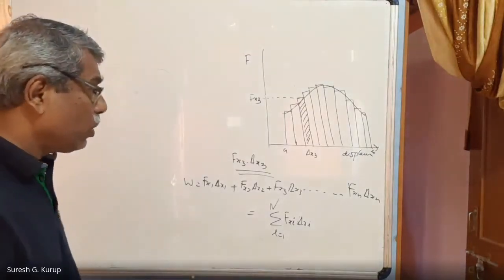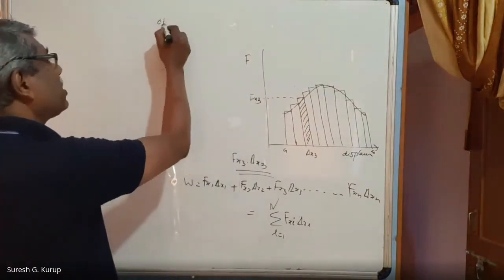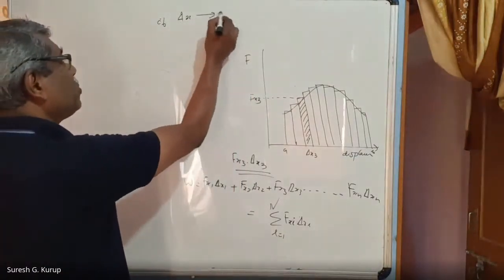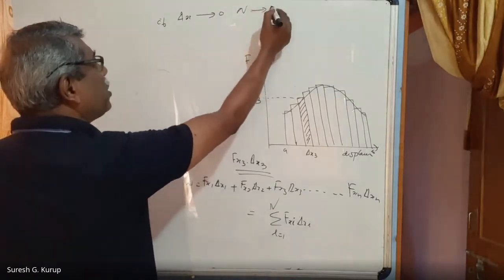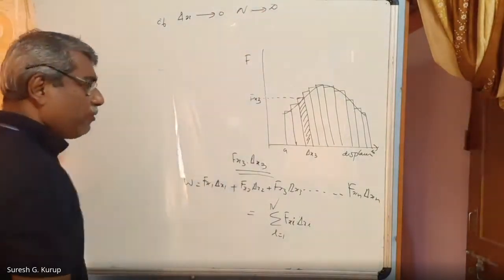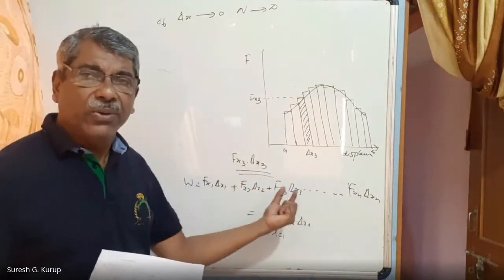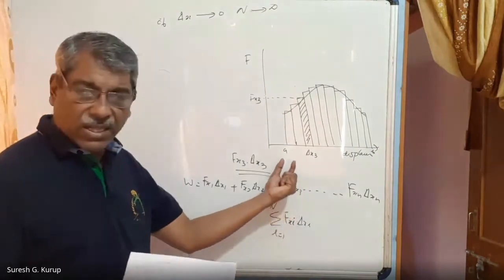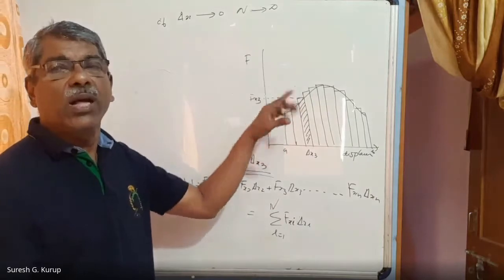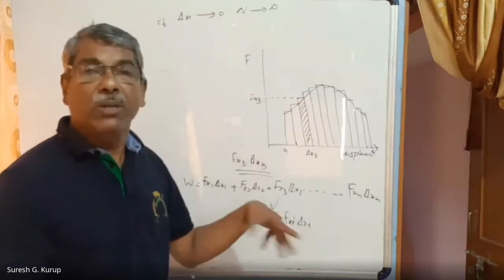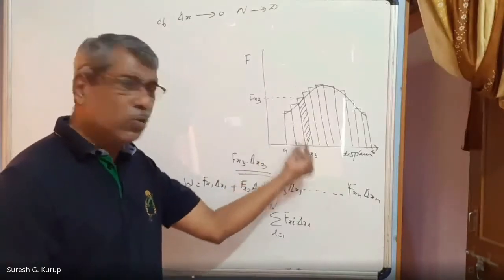Then if delta x tends to 0, delta x is very small, that point is very important. In this case, if delta x tends to 0, then n tends to infinity. So if delta x, the small displacement produced due to small values of force, tends to 0, then the number of segments becomes infinite.